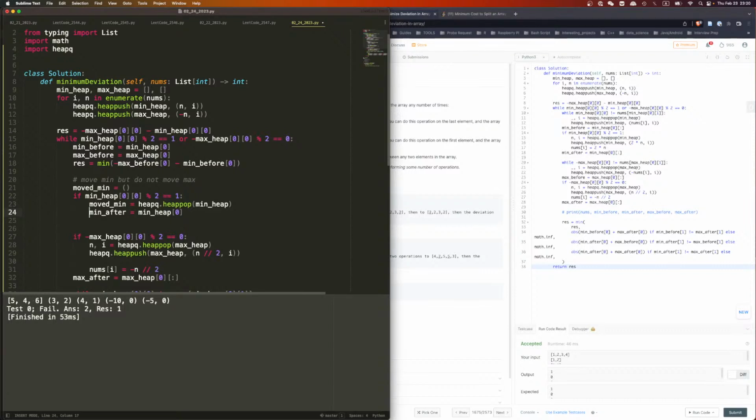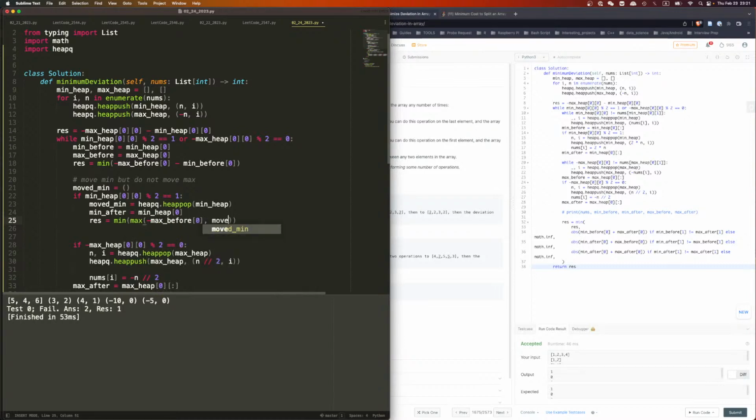Then we say res equals the minimum of max minus max before[0] and moved min[0] times 2, max between these two, minus min after.